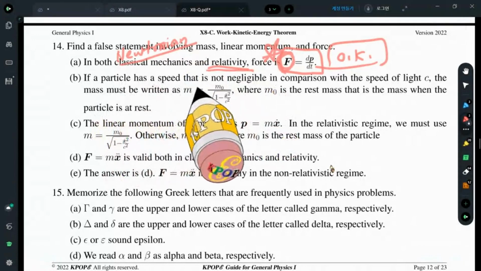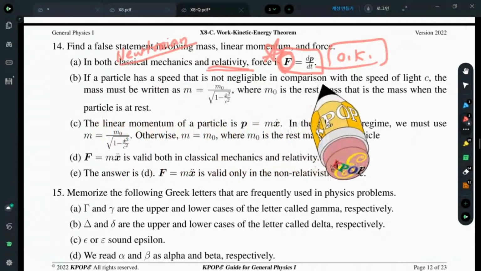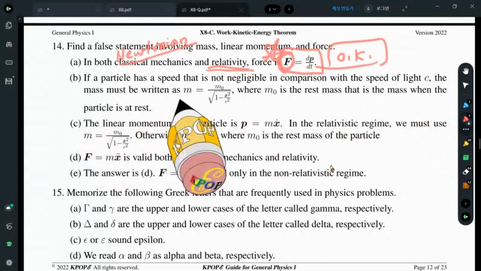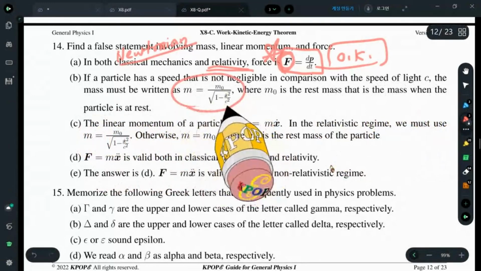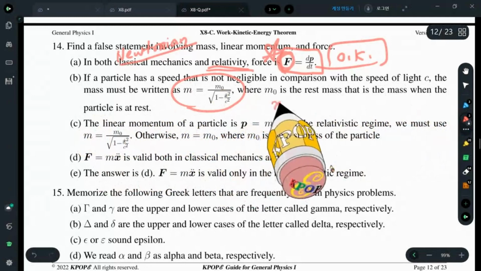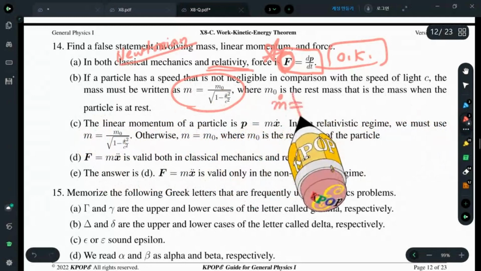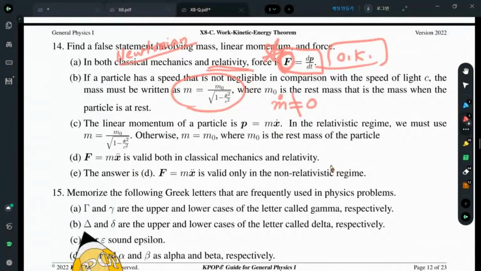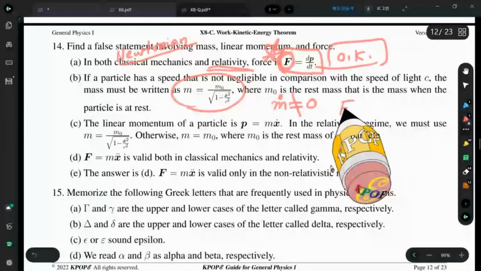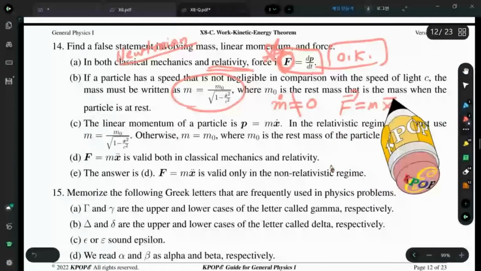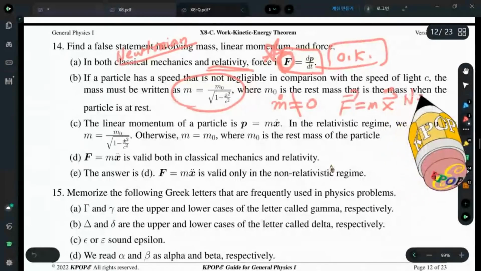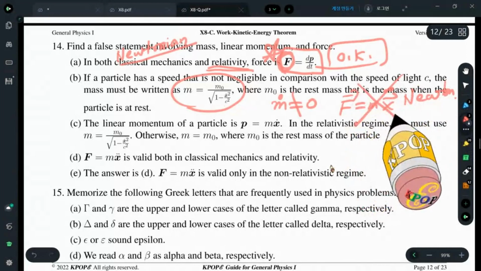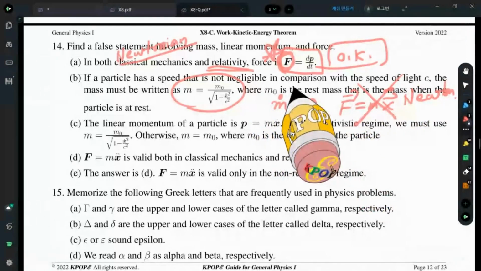If a particle has a speed that is not negligible in comparison with the speed of light, the mass must be written in this form. Because of this, m dot is non-zero. So F equals ma is true only for Newtonian mechanics. This is wrong in relativity, remember.